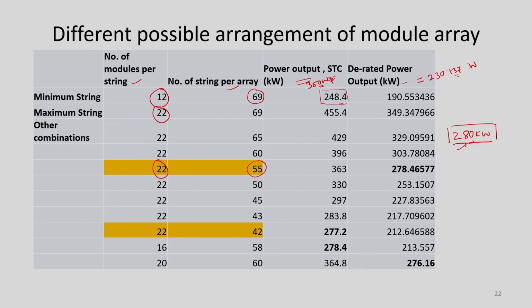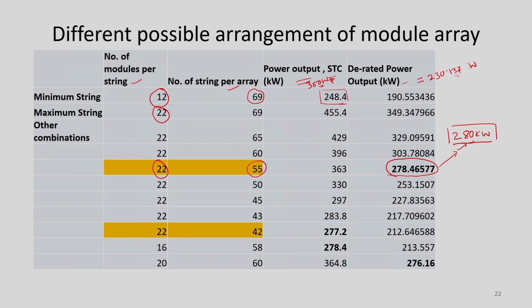Then, if we consider the rated power, we get about 278.46577, okay, which is very close to 280 kilowatt, the input to the inverter.